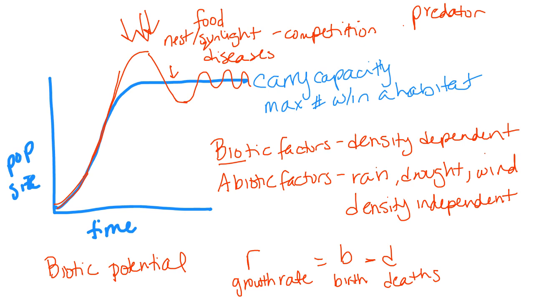Now, we've got two different labs that you're doing here, two different concepts that you're going to be working through. The first one is intraspecific competition. Intra means within the same species.